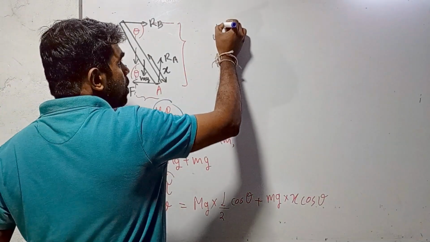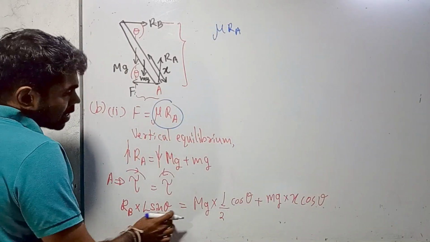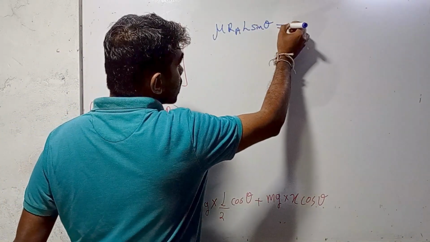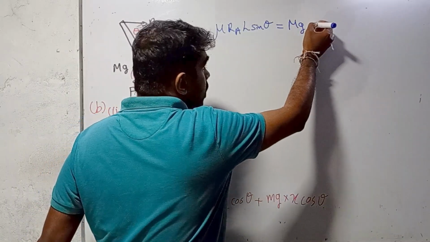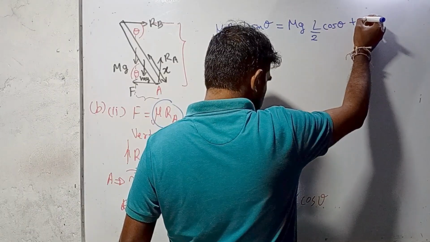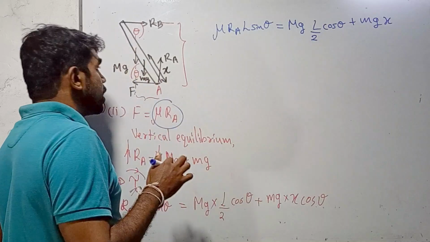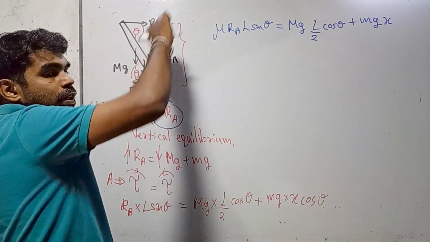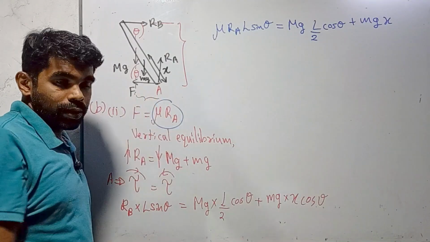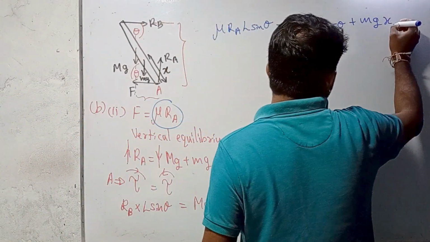Then we can write mu Ra for the Rb value, L sin theta equals capital Mg L divided by 2 cos theta plus Mg x cos theta. For this condition, if frictional force is equal to Rb and if the frictional force is maximum value, it means limiting frictional force, we can write x is the maximum distance.